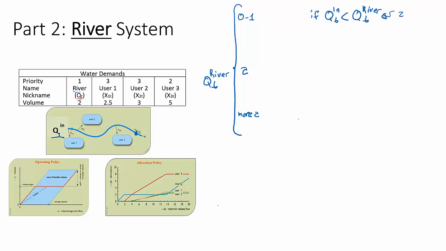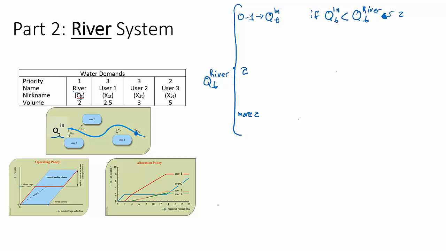So this will happen when Q in is less than 2. How much water will the river receive? In this case, it will receive only what is coming from upstream. When Q in is 0 or 1, the river will only receive that amount, and this happens when the water coming in is less than 2 units.